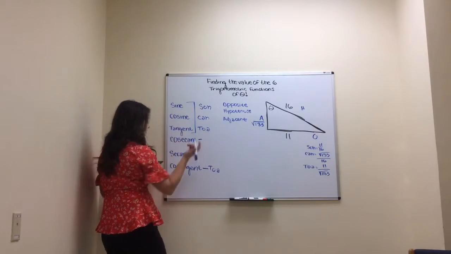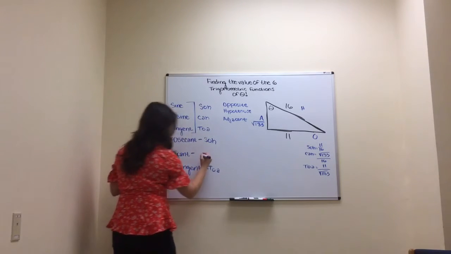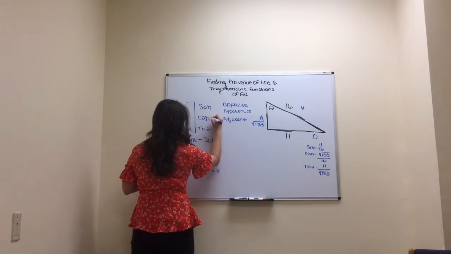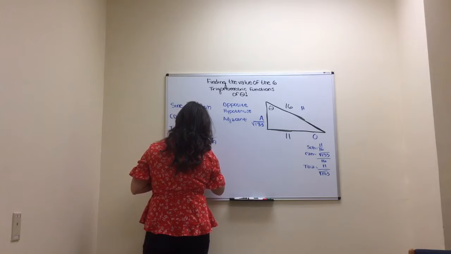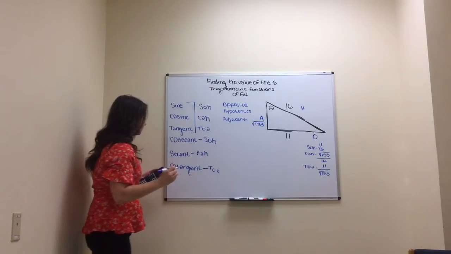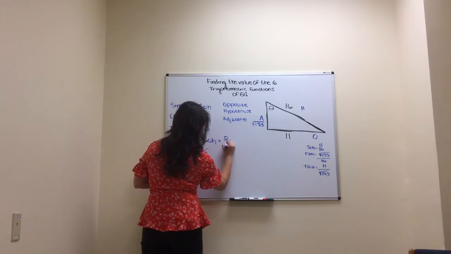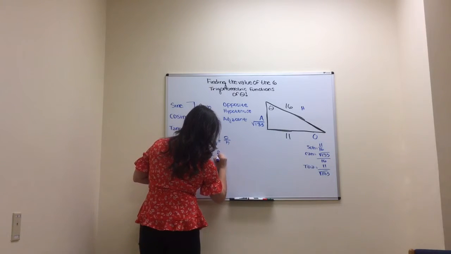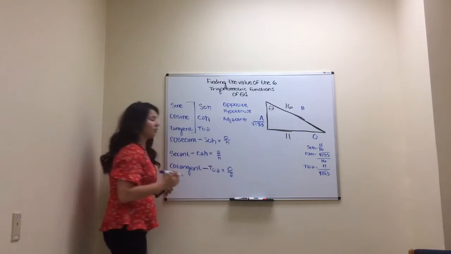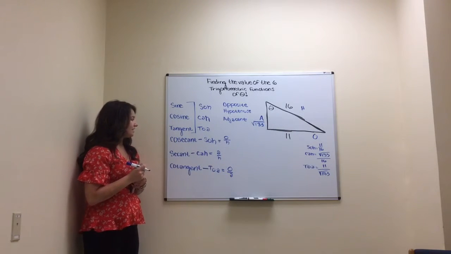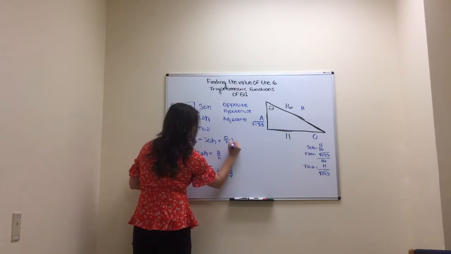So cosecant is actually sine, and secant is cosine. Let me make this more an H. Sometimes my H's look like N's. All right. So in reality, what does this actually look like? O over H equals A over H, which equals O over A. Now, the cool thing about this is that all we have to do is flip every single one of these.